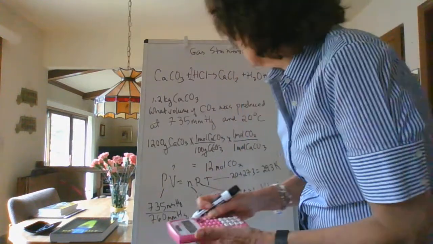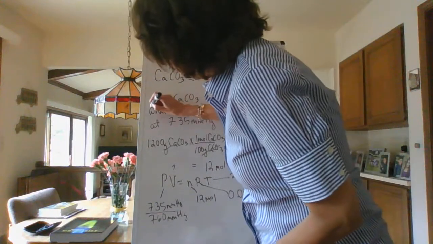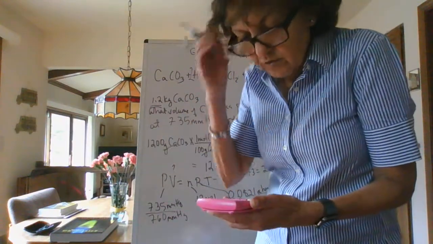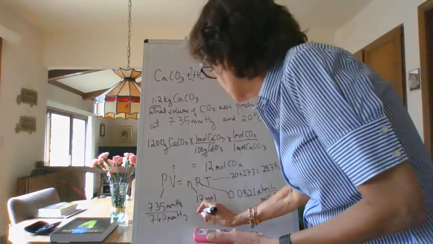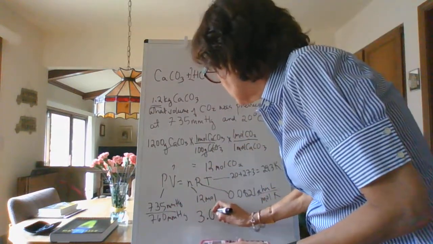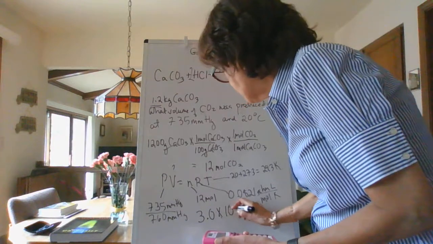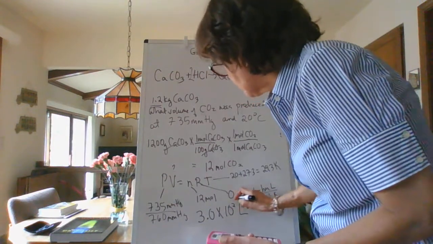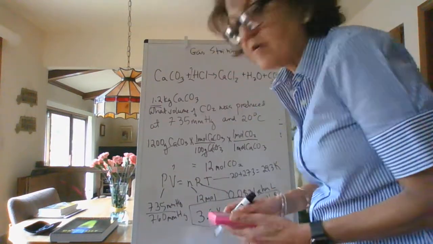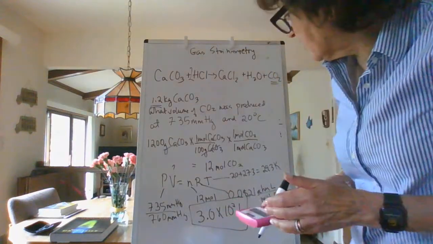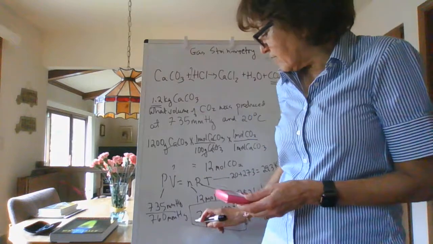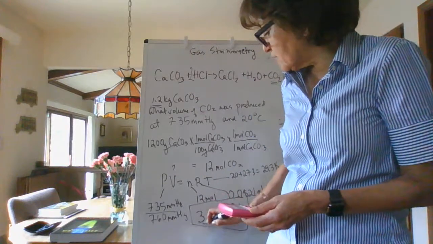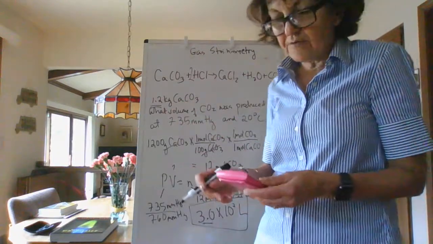But I need 2 sig figs. So the 8 is going to round the 9 to a 10. So we end up with 3.0 times 10 to the second liters. If we're paying attention to sig figs, and we always should, it's going to be 300 liters. And I'm making it 2 sig figs because this is 2 sig figs.